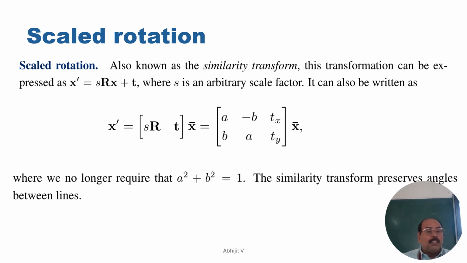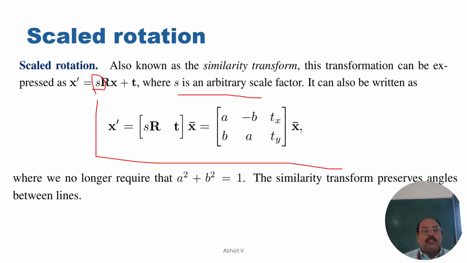It is represented with an additional factor called S, where you scale. You define the change in translation at particular values. This S is the scaling factor, or the arbitrary scale factor.